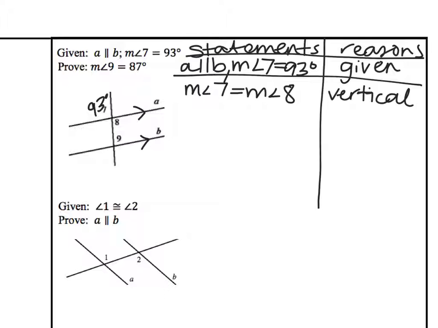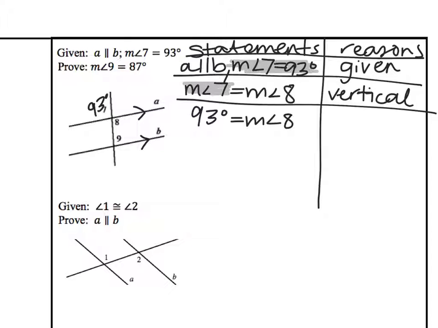If you just go straight to measures, I'll take it. It doesn't really matter to me. And then how can we say that measure of angle 8 is 93 now? Substitution, so 93 equals the measure of angle 8 because we're substituting 93 for 7. So that's substitution.